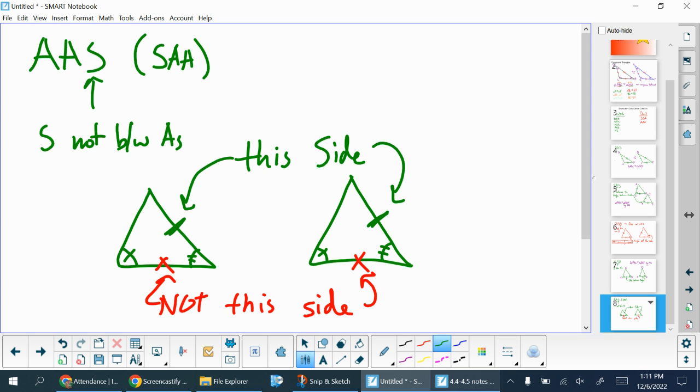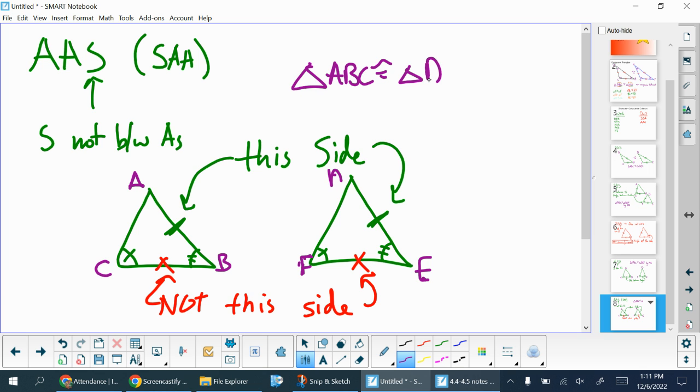If it's different, if one was here and one was here, that's not going to work. And so same deal. If I go ahead and label these triangles, it doesn't want to stay connected on me. So I know that triangle ABC is congruent to triangle DEF by AAS.